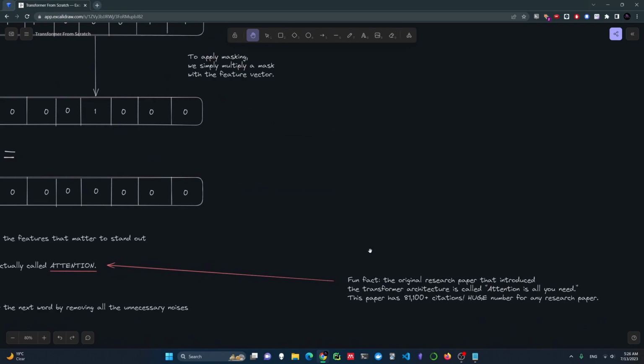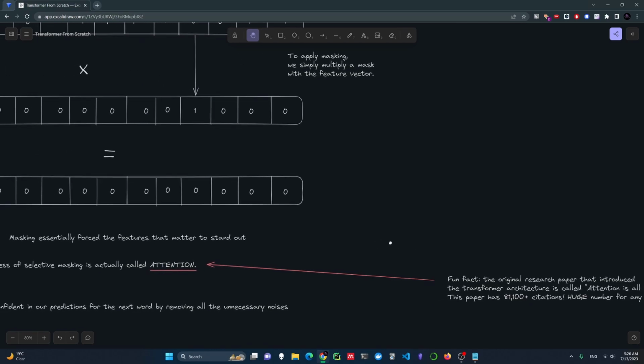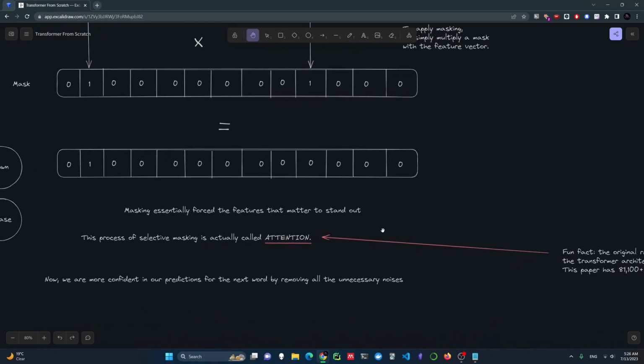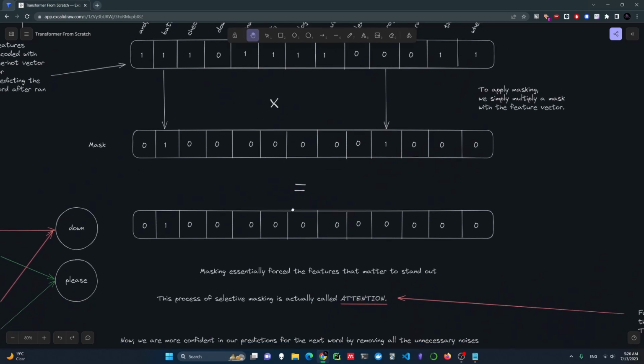And this paper has over 81,000 citations. That's a very large number, right? Typically, even if you have 100 citations, that's considered quite a lot. And 81,000, that's a very large number, just to stress how important this paper is and how groundbreaking this invention is, right?